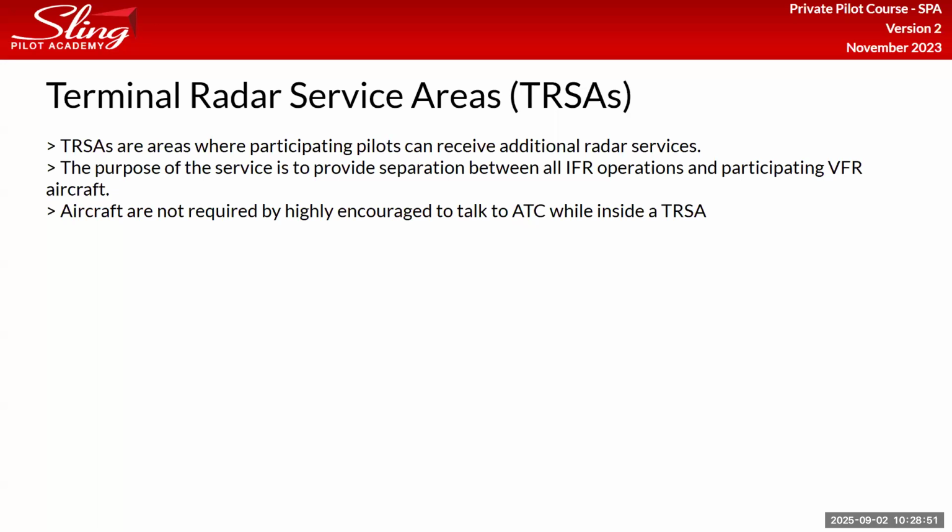So they came up with the terminal radar service area, which is basically just an extended service area outside of their initial Delta airspace, so that they can encourage people to communicate with tower as they're coming in. It is not required that if you fly into a TRSA you talk to a controlling agency, but it's highly encouraged because there's so much traffic that they want additional radar services.